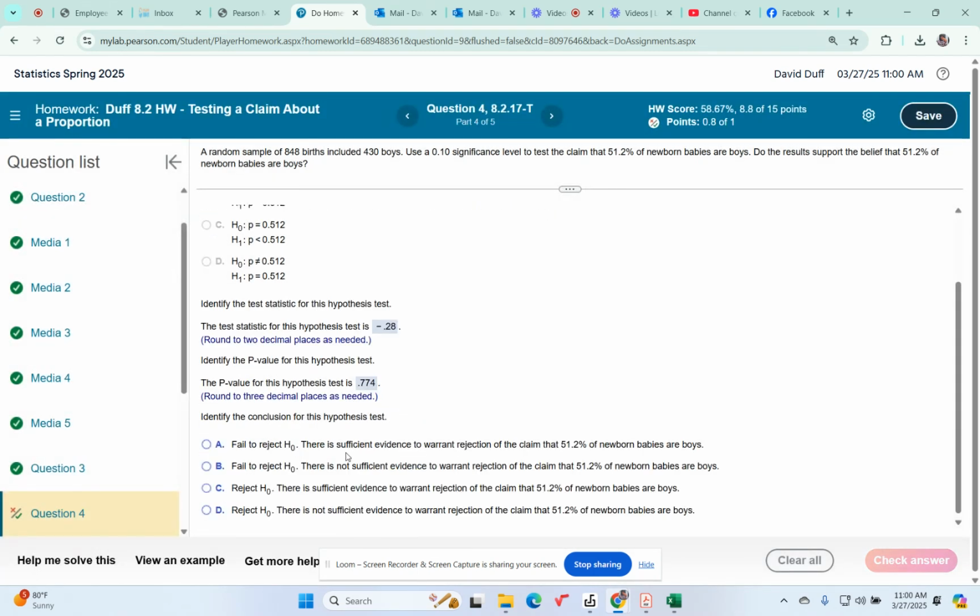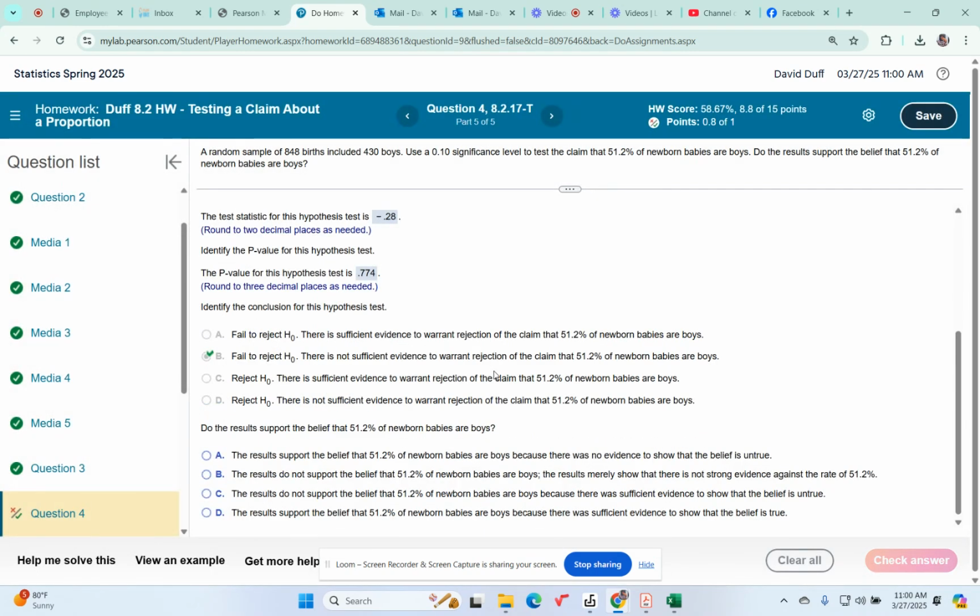And what is our conclusion? Well, we will not be rejecting the null. We don't have sufficient evidence to warrant rejection of this claim. And then this is where the wording gets kind of funny, right? Because you never accept the null hypothesis. You just don't reject it.